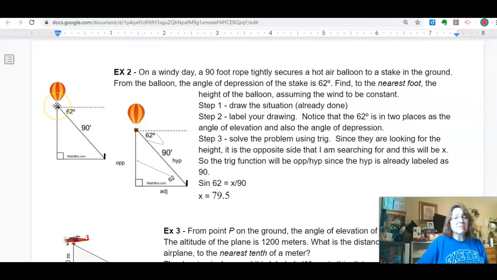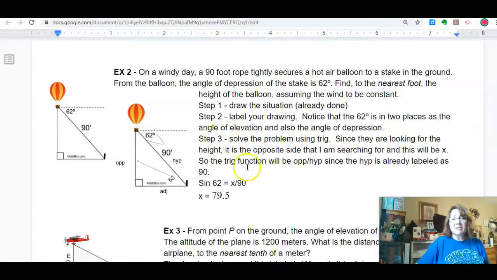So again, if this person was looking straight across, they couldn't see the stake in the ground. They have to look down at 62. One thing to keep in mind is if this is 62, this is also 62. They're called alternating interior angles. But that's geometry. Some of you will learn that next year, maybe.